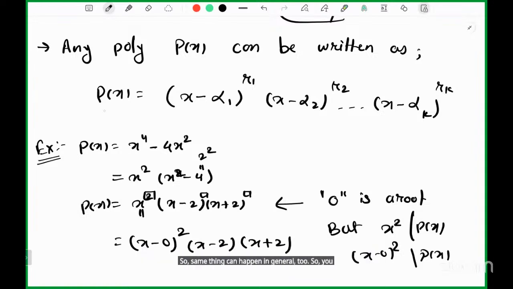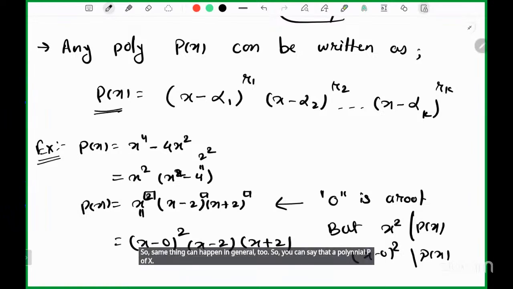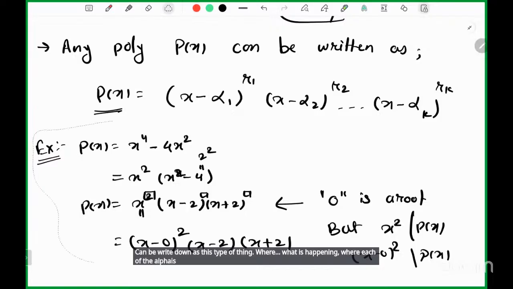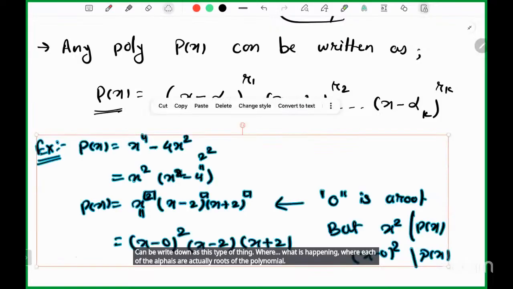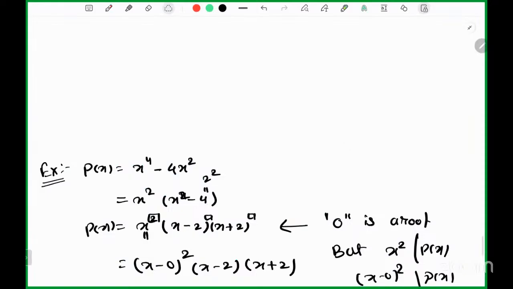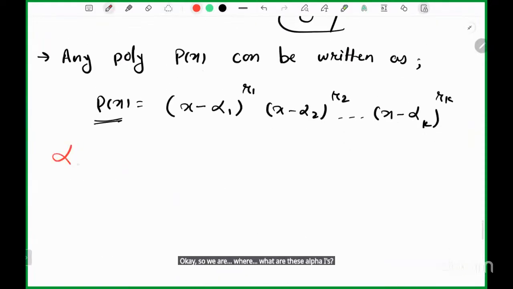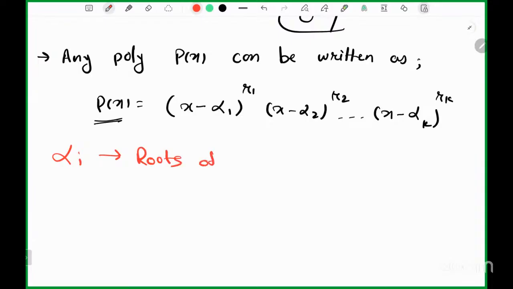So you can say that a polynomial p of x can be written down as this type of thing, where each of the alphas is actually a root of the polynomial, roots of p of x.